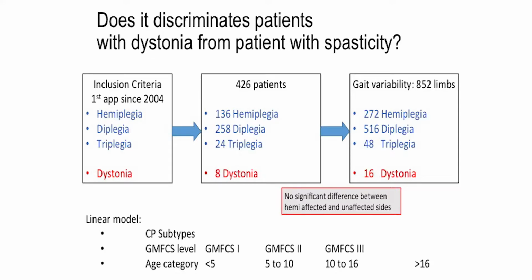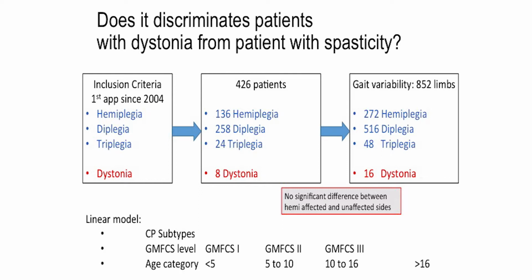So we've got this new tool, and the question we had was, does it discriminate patient with dystonia from patient with spasticity? So we queried our database, and we looked at all the first appointments from patients that we've seen since 2004. We had a range of cerebral palsy subtype.